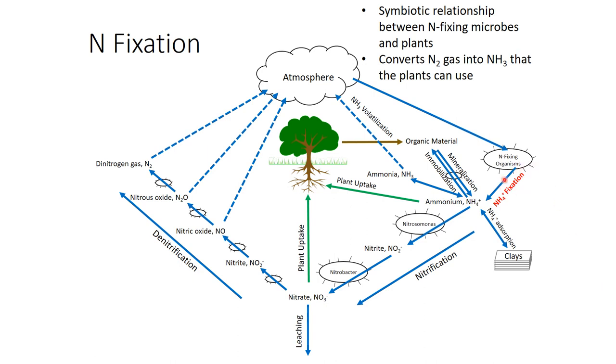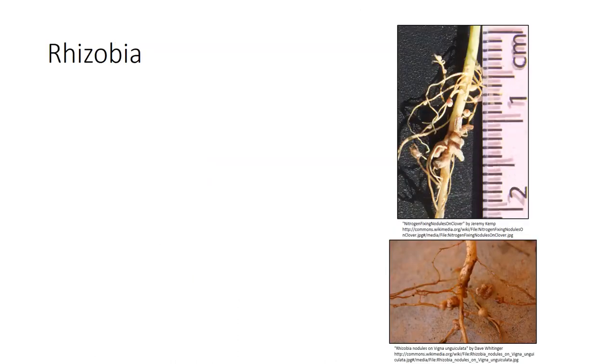Here we have nitrogen fixation over on the right side, and this is where we have microbes that form a symbiotic relationship with plants generally, or in some cases just microbes living on their own, but they convert nitrogen in the form of nitrogen gas into ammonia, and that ammonia is something the plants can actually use.